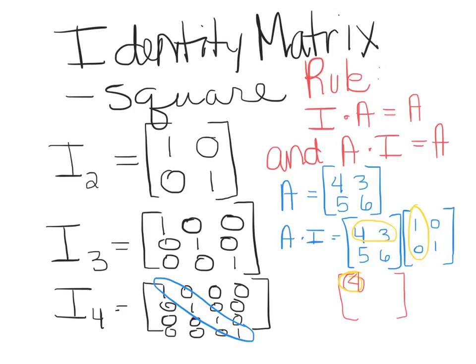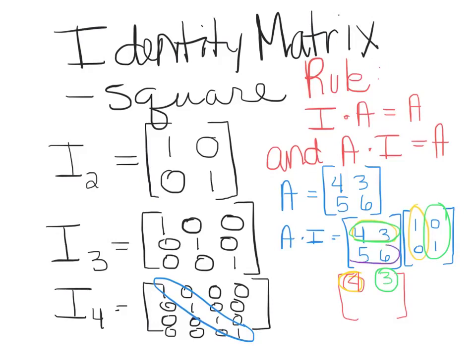Then I want to try using the first row with the second column, and that's going to go here. So the first row, 4 times 0 is 0, and then the 3 times the 1 is 3. Adding those together, I get 0 plus 3, 3. Let's do another one.